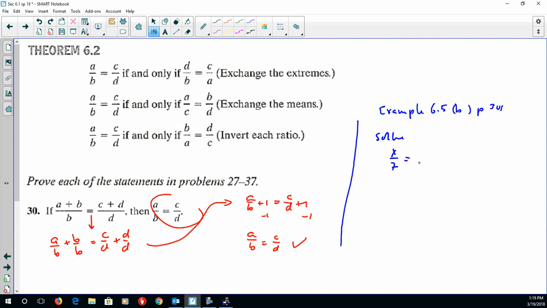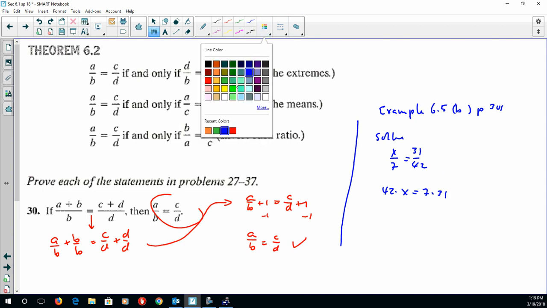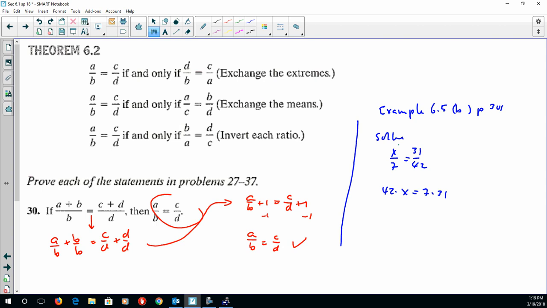And what do they do? They take 42 times x equals 7 times 31. Now that's stupid. If all you need to do is to get at x, then why don't you just multiply both sides by 7?